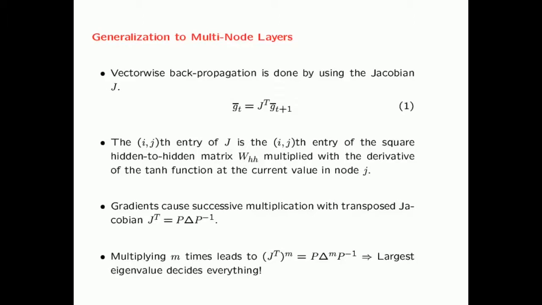On the other hand, if the diagonal entries are less than 1, then this matrix to the power of m vanishes, and the transpose of the Jacobian to the power of m also vanishes. So in both cases, you can see that in the vector-wise gradient propagation, the vector of gradients, that's G_t, either explodes in magnitude or vanishes in magnitude.